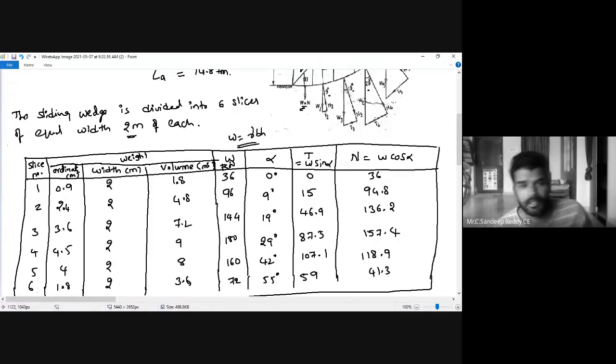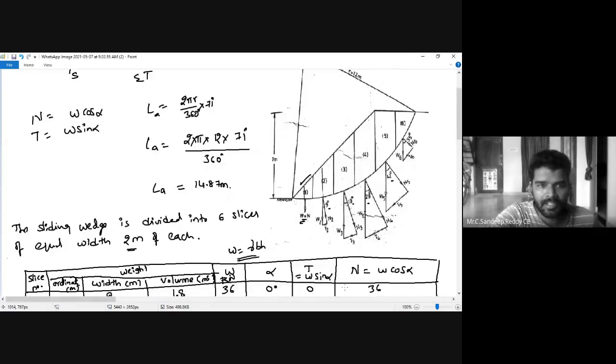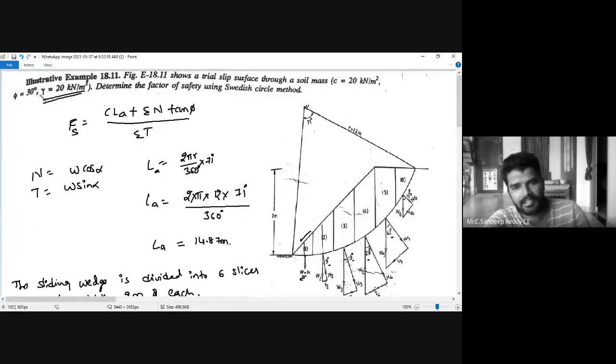Very good. Now we calculated the normal reaction and the tangential force acting on each slice. Now you need to calculate the factor of safety for each slice, or else you can calculate overall also. Both are possible. But here we will take overall.